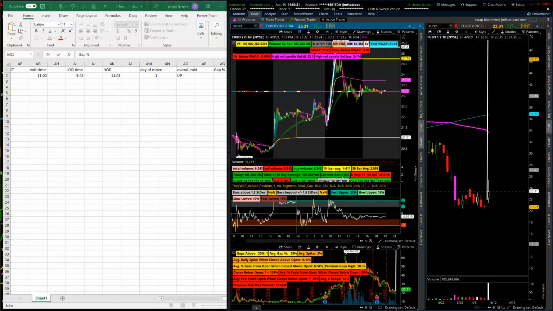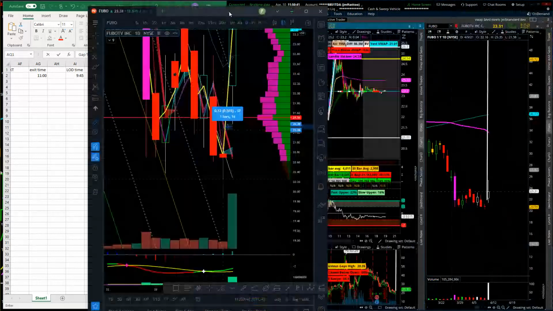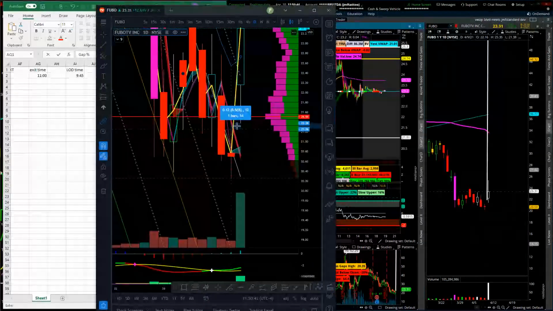Yeah, but it ran up after hours. They didn't just gap it up. So it says 0.56%, but it was up after hours and up on the day. You know what I mean? If I measure from the top of that to the bottom of that.